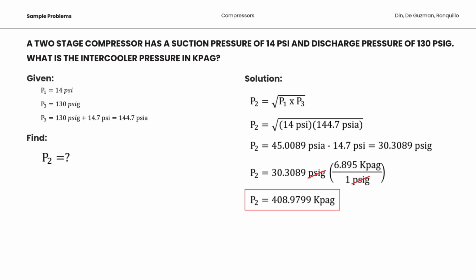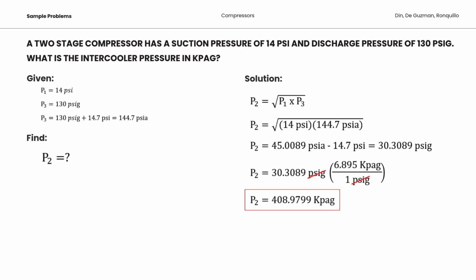After we substitute it, we get the product 45.0089 psia. Since we have to find the second pressure in kilopascal gauge, we have to turn back the psia to psig by subtracting the atmospheric pressure.